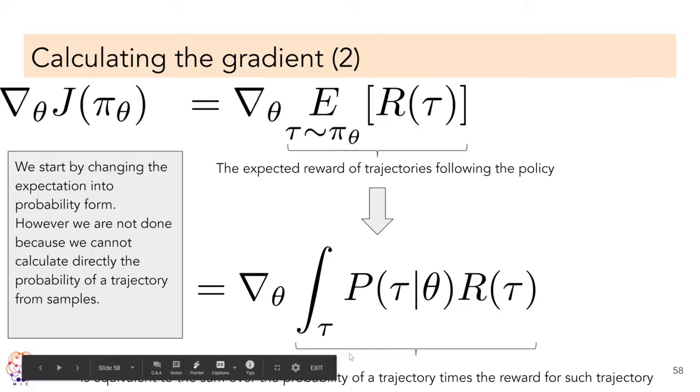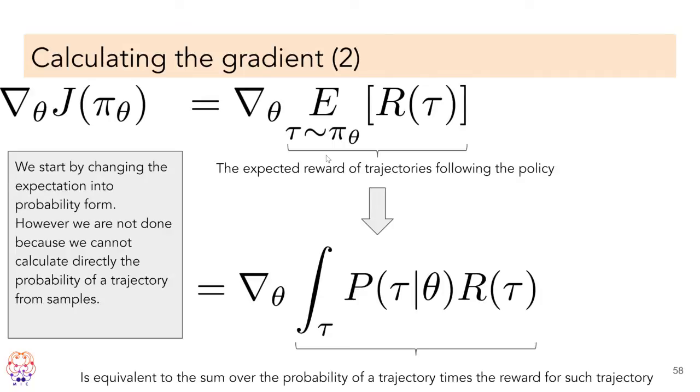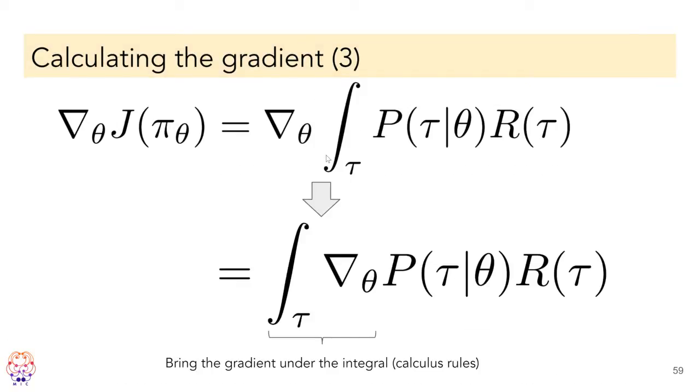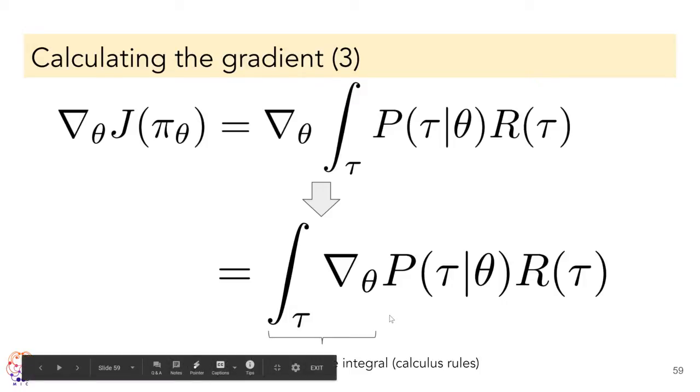And we take the integral over that because that's the definition of expectation. And we go from here to here. So now we just move the gradient sign inside of the integral, just because of calculus rules, you can do that.